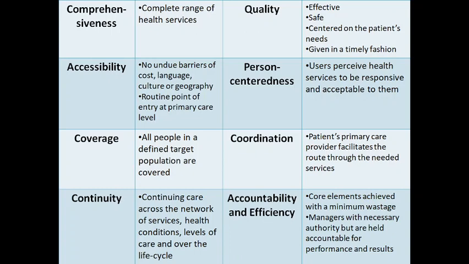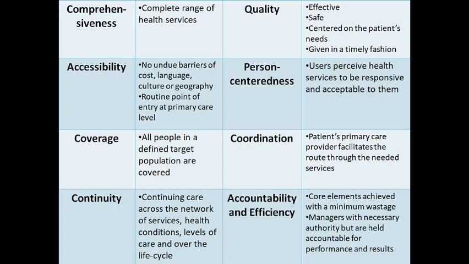The seventh is coordination, wherein the patient's primary care provider facilitates or is able to navigate the patient through the needed services so that the patient will not get lost when he or she accesses the service delivery.